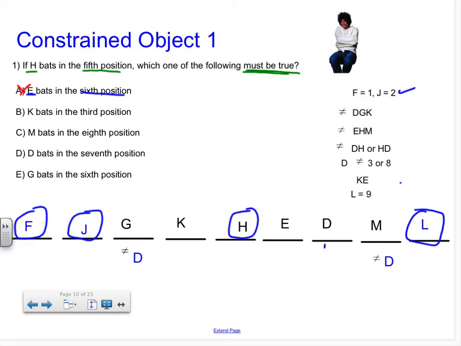So let's try D, G, and K are separated. E, H, and M are separated. D and H are separated. D is not in 3rd or 8th position. K comes before E, and L comes in the 9th position. So we can get rid of this letter B, because K also works in the 4th position.